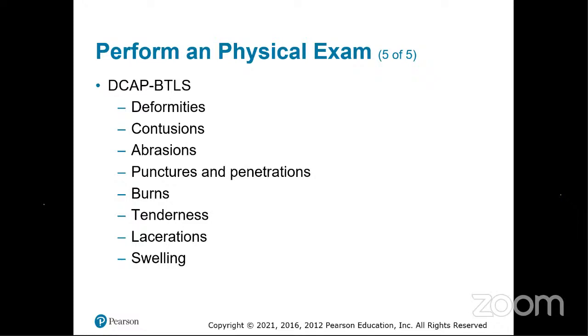That's the other term for it, the scraper or road rash. I'll leave that one up for you guys for just a second so you can write that one down. I promise you, you will see that one again. It's a huge part of your hands-on. So like the SAMPLE, OPQRST, DCAP-BTLS, those are all going to be huge on your hands-on part.